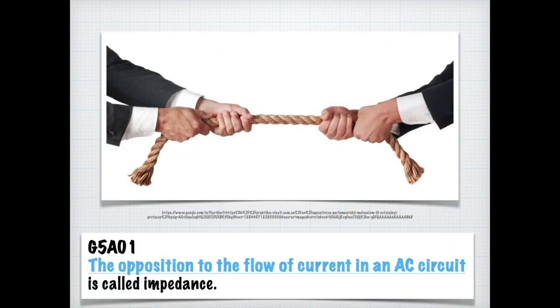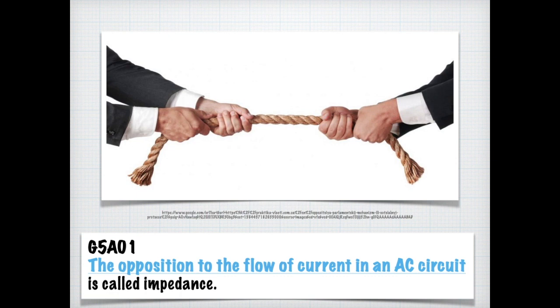One of the classic cases of opposition is the tug of war, when you're tugging between two factions. So we just need to know for the exam that opposition to the flow of current in an AC circuit is called impedance. In this example, the other person is impeding the other one from getting the rope.